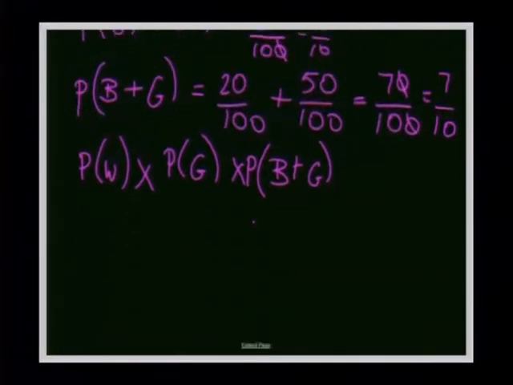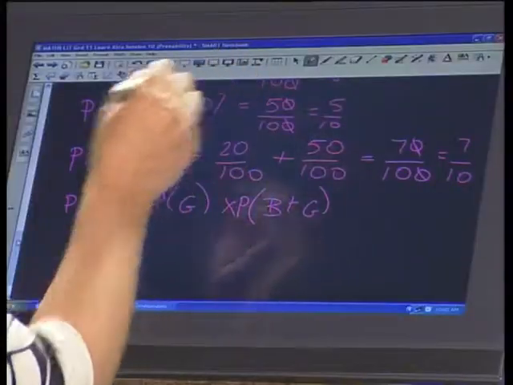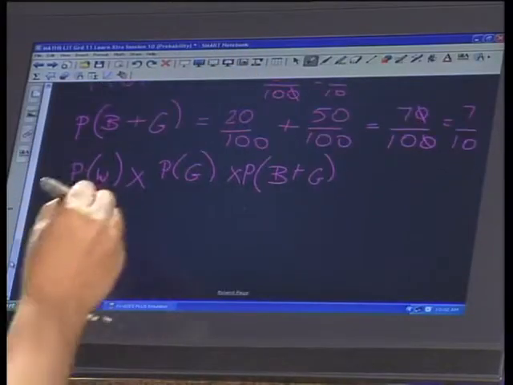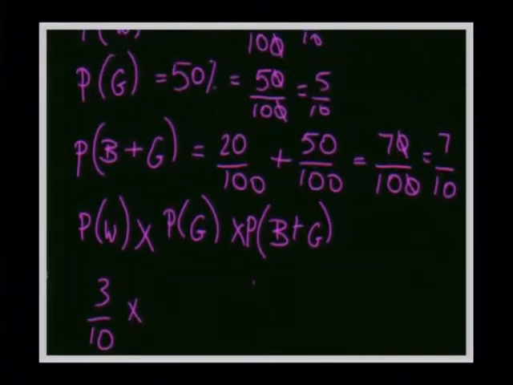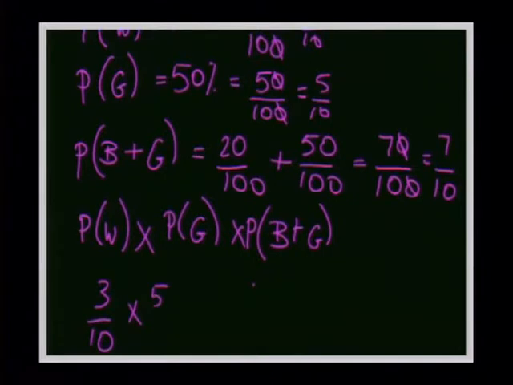Because I've calculated these probabilities already, all I'm basically doing now is substituting in my values. So the probability of white occurring was 3 out of 10. And the probability of gray was 5 out of 10.